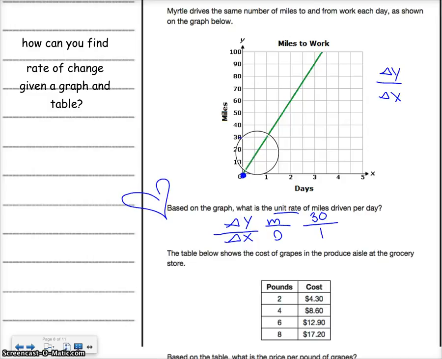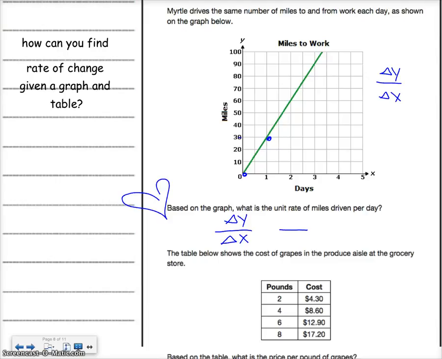I'm going to repeat that. It's always change in y over change in x. I find my perfect points. There's one and there's one. Then I figure out, how did I get from my left to my right perfect point? How did my y change over how did my x change? My y went up, look how it's scaled by tens.